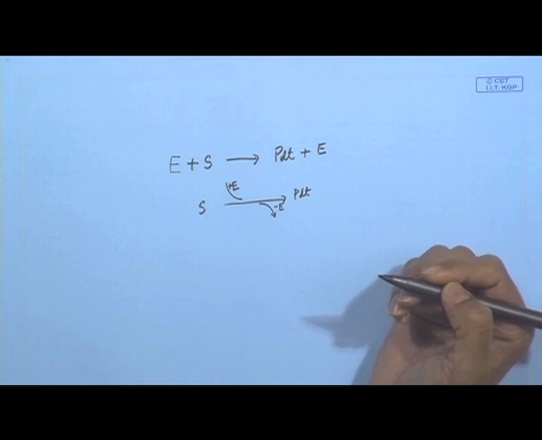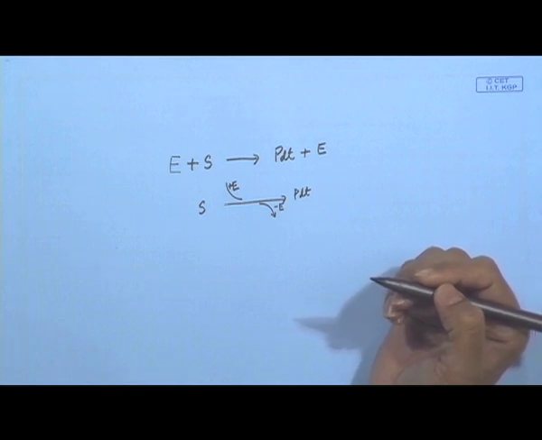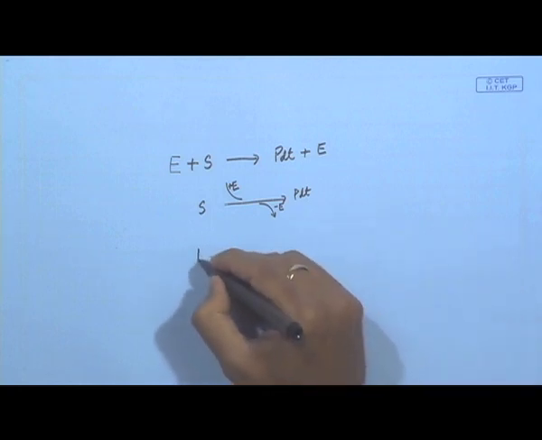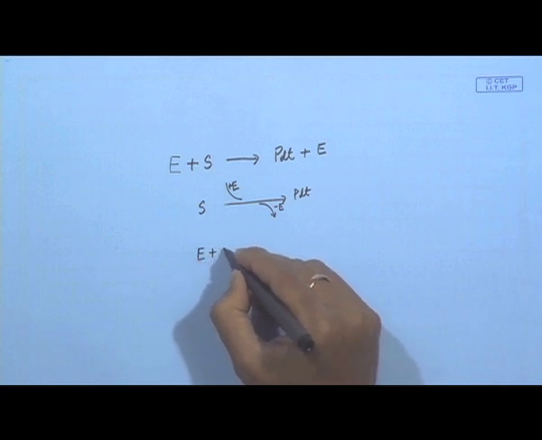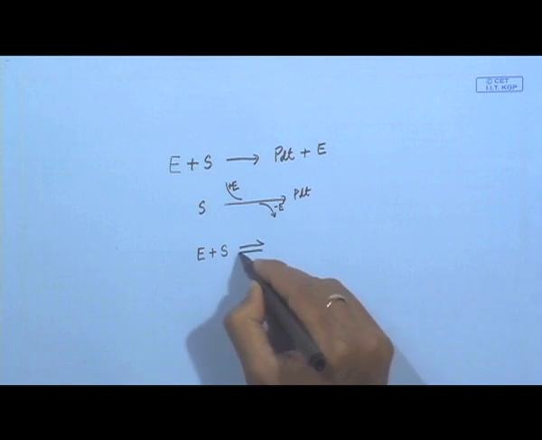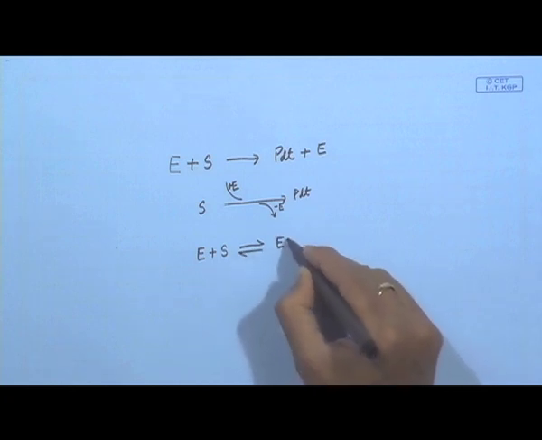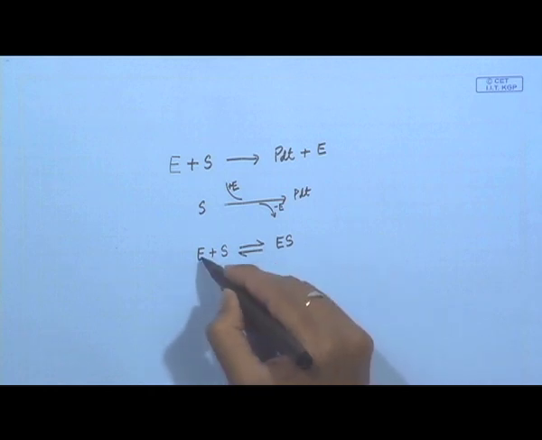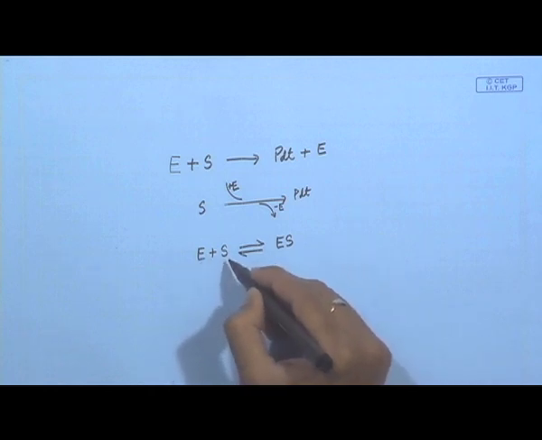This is known to occur via a complexation process. The enzyme first reacts with your substrate and produces the enzyme substrate complex. The enzyme substrate complex is in equilibrium with enzyme plus substrate.